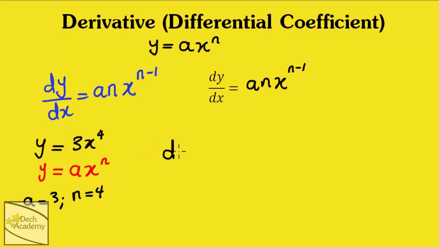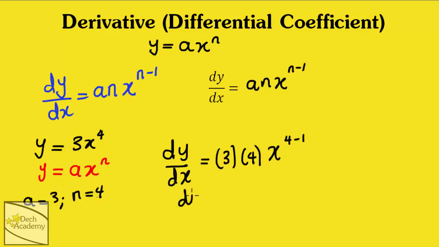Therefore, the derivative, also known as the differential coefficient, dy/dx, is going to be equal to a times n, so 3, because in our case a is 3, times n, in our case 4, times the variable x raised to the power of n minus 1, so raised to the power of 4 minus 1. So the first derivative of this function is 3 times 4, which is 12, times x to the power of 3, and that's all.